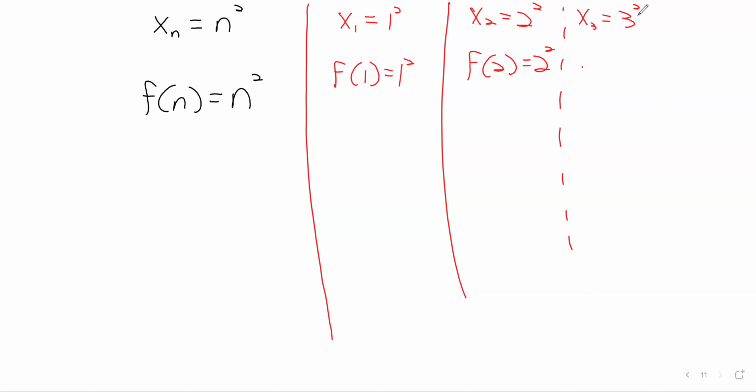X sub 3 is 3 squared. And so forth. And I bring this up now because this way of thinking is going to be how we find most of these limits of sequences.